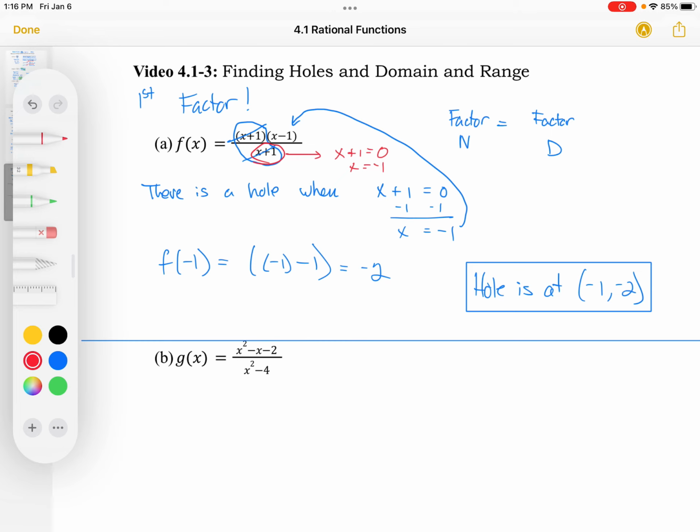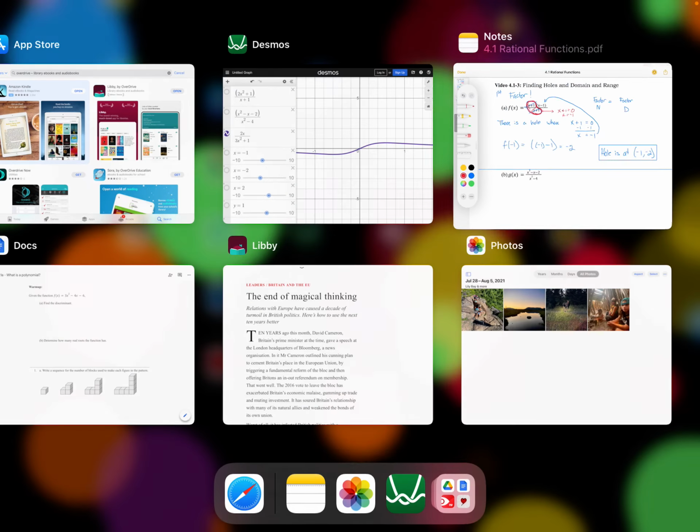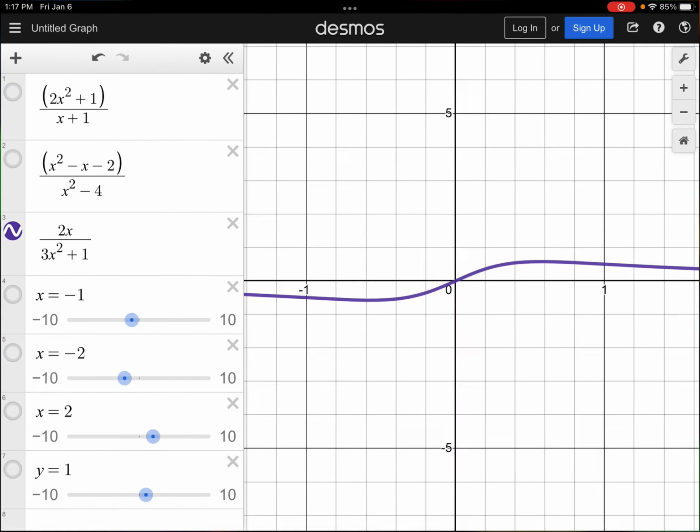Well, that's not the case in this situation because there's not a vertical asymptote there. There is a hole there. And we would see that if we were to graph this. So let's take a look at that.